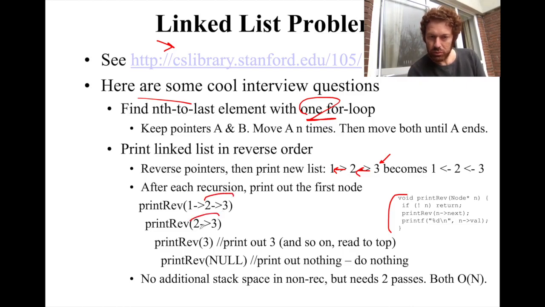This is not null, so call recurse using the next of 2, which is 3, which is not null, so recurse with the next of 3, which is null. Now the interesting action begins. The new call begins with null, and basically it is null, so I return. I do nothing because I don't have anything in my hand.